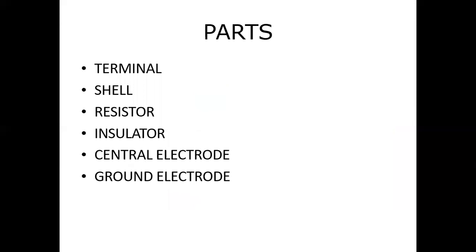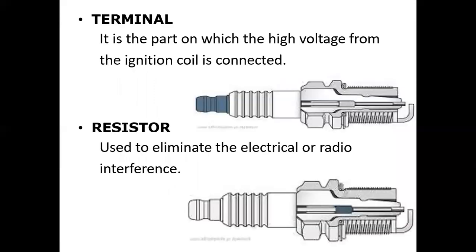The parts of the spark plug are: terminal, shell, resistor, insulator, central electrode, and the ground electrode. The terminal, mentioned in blue color, is the part to which the high voltage from the ignition coil is connected.